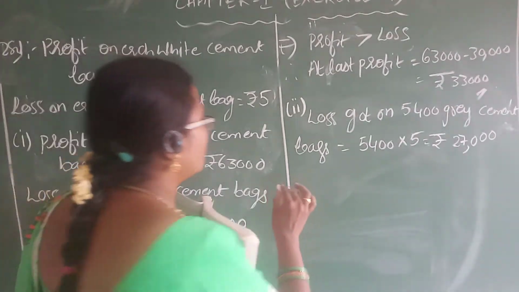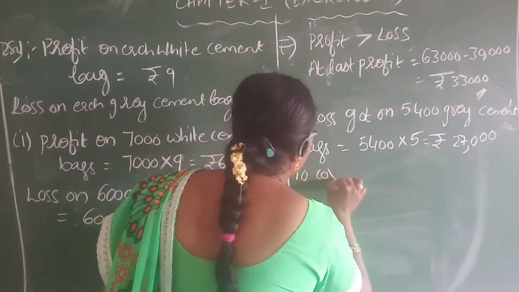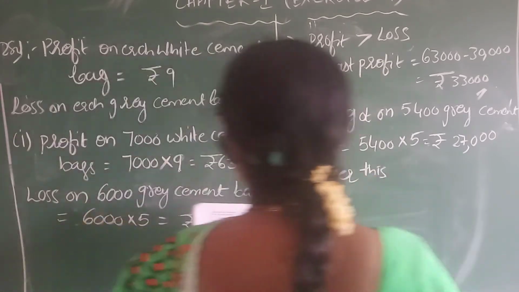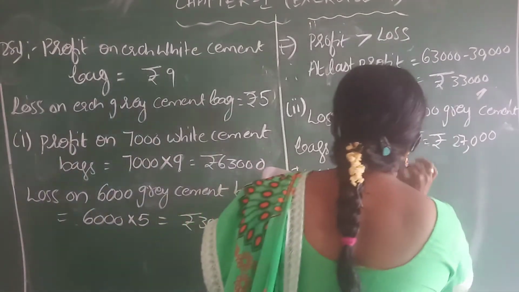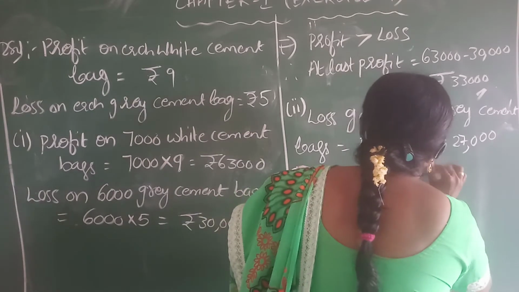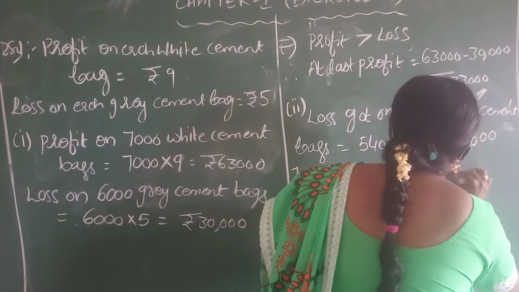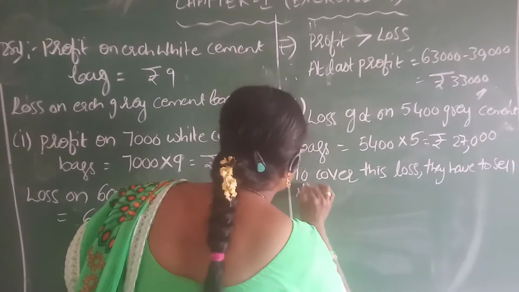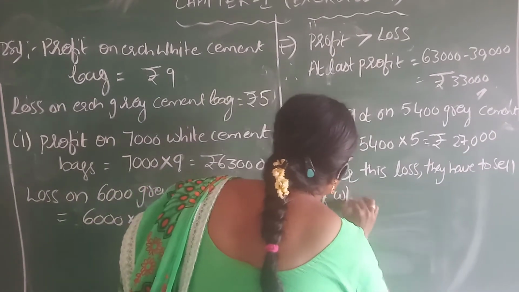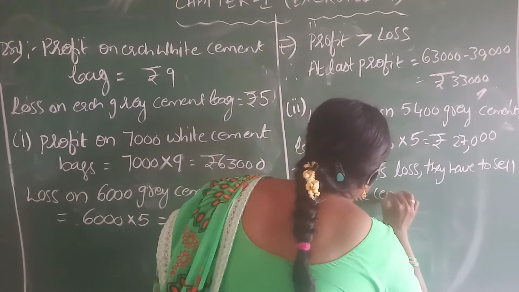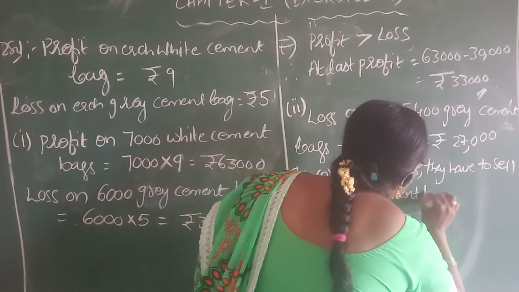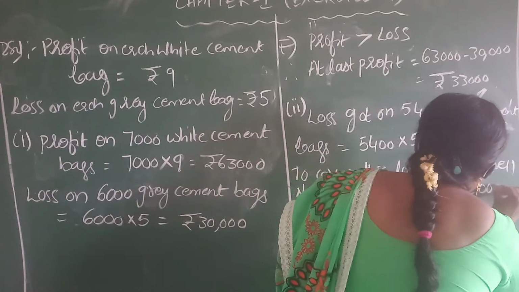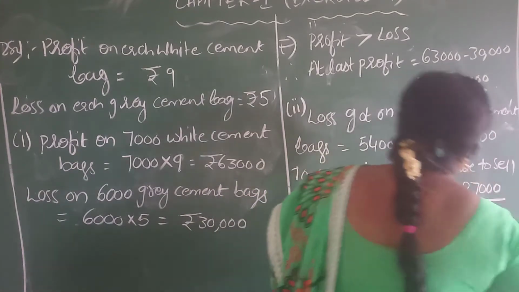We shall see. To cover this loss, they have to sell number of white cement bags is equal to 27,000 by 9.